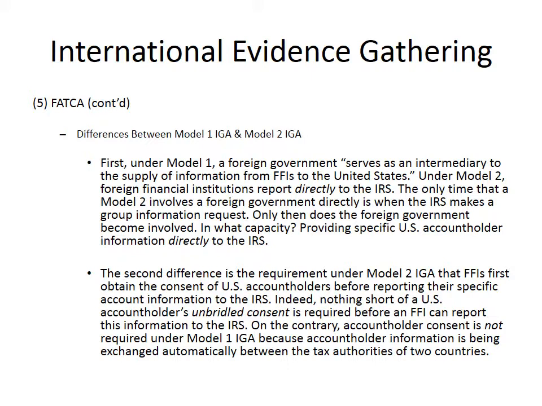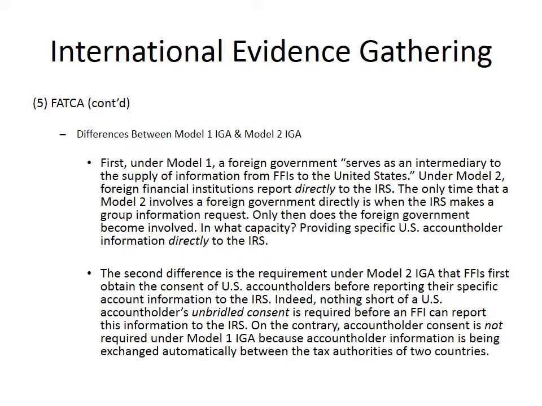The second difference is the requirement under Model 2 that foreign financial institutions first obtain the consent of U.S. account holders before reporting their specific account information to the IRS. Remember this, nothing short of a U.S. account holder's unbridled consent is required before a foreign bank can report this information to the IRS.